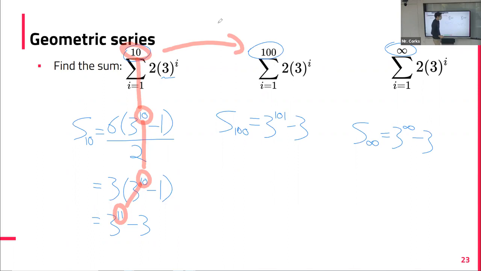So 3 to the exponent infinity minus 3, that's a little weird. 3 to the exponent infinity, what would that number be? Also infinity. And if we take infinity minus 3, also infinity, we still can't count it. So our result is just infinity. Really big, too big.